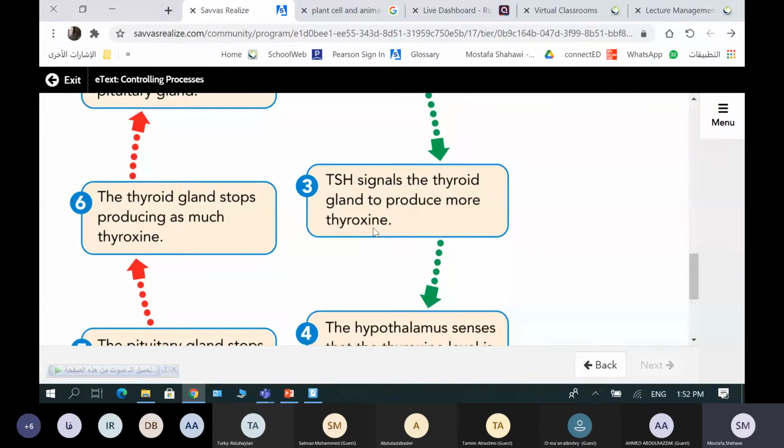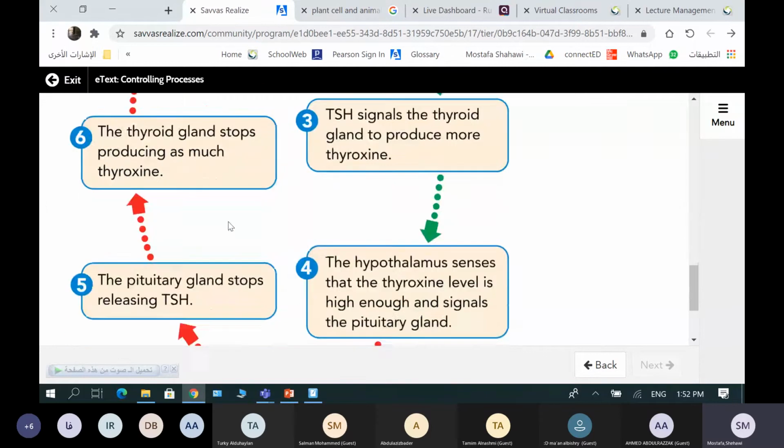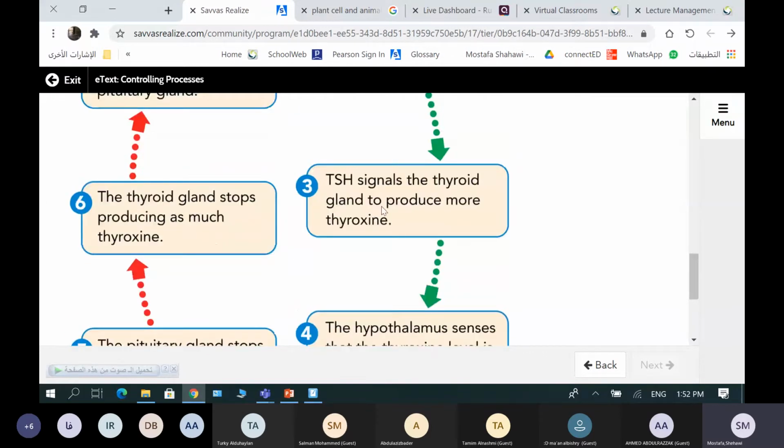And thyroxine is responsible for increasing the level of activity, or the amount of energy produced inside the body. That was the problem, if you remember, in the first step: not enough energy. Thyroxine controls the amount of energy inside your body. After the rate of thyroxine increases, it can affect you in a bad way. So we must bring it back again to the normal level.